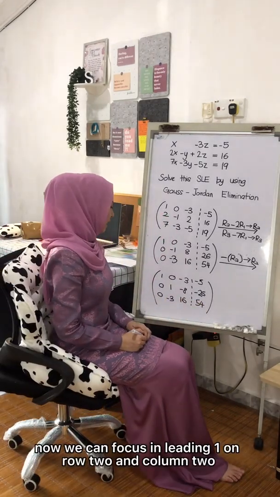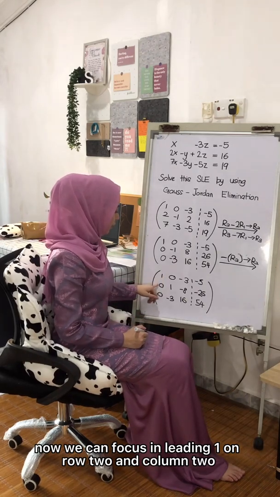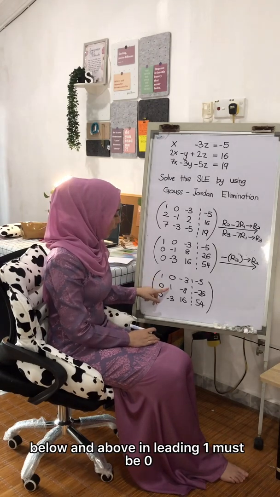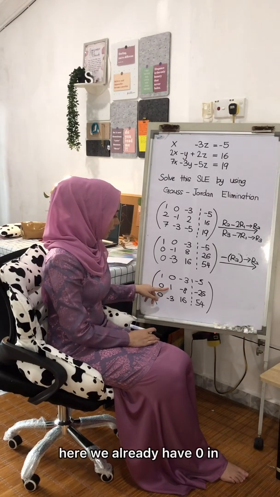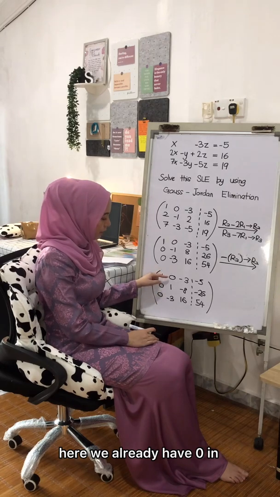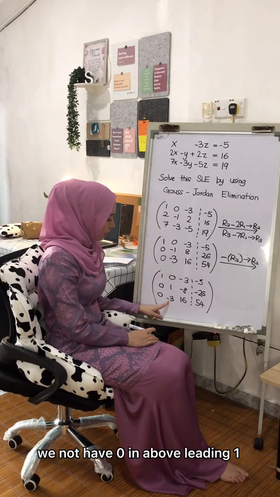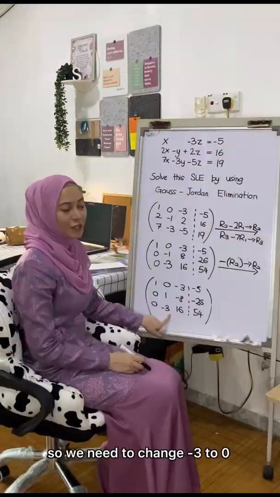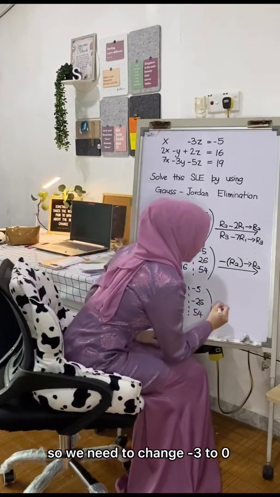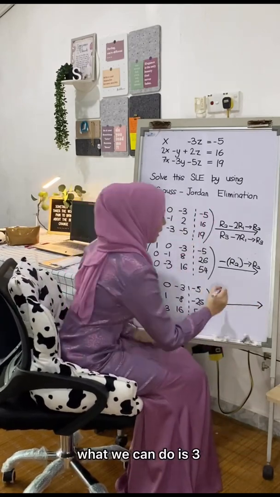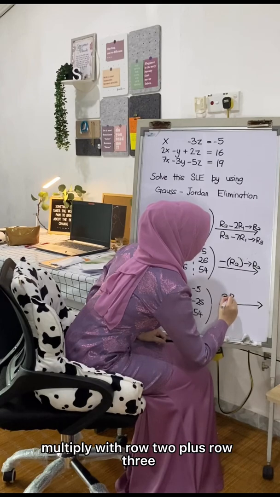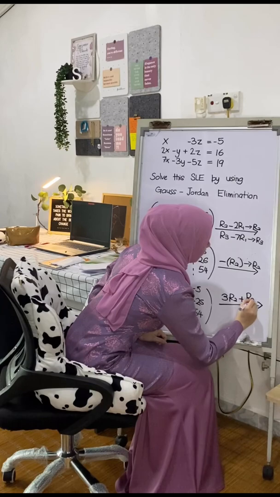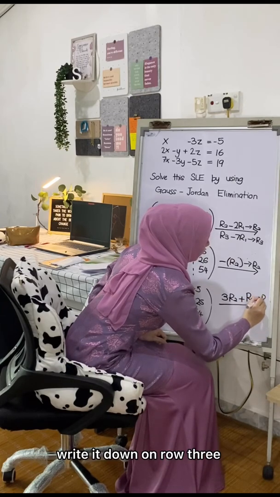Now we can focus on the leading 1 on row 2 and column 2. Below and above the leading 1 must be 0. Here we already have 0 below, but we do not have 0 above the leading 1. So we need to change negative 3 to 0. What we can do is 3 multiply with row 2 plus row 3, write it down on row 3.